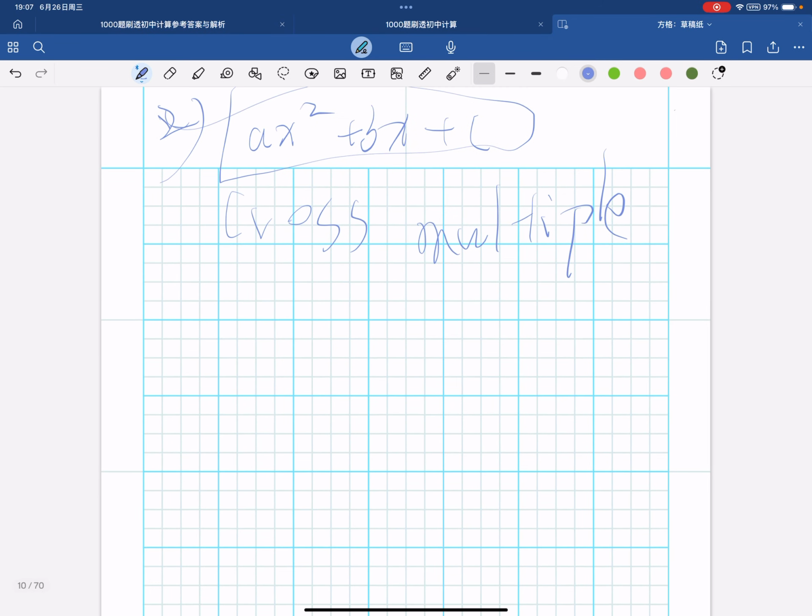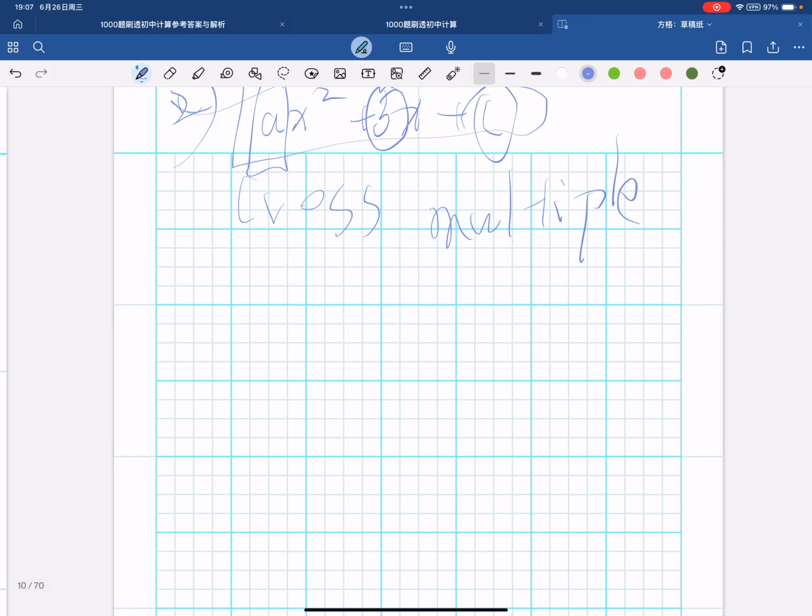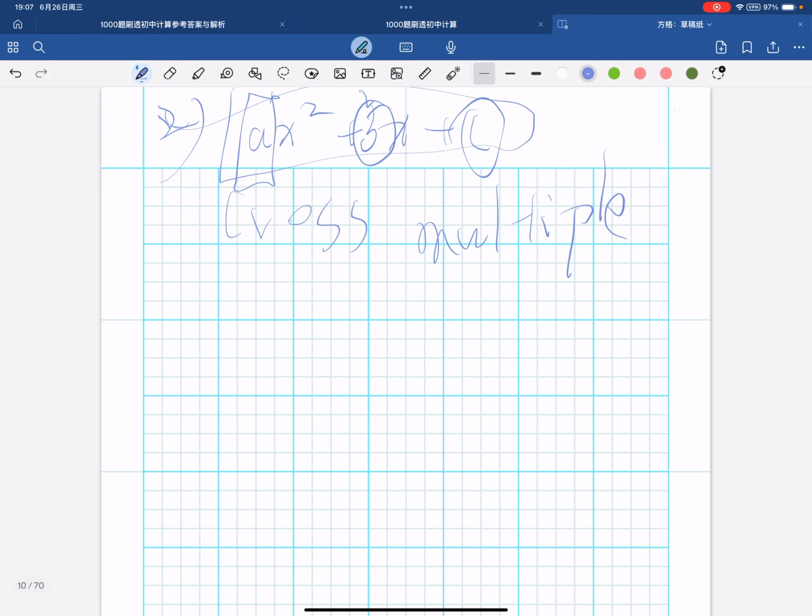To do it, we need to highlight the 3 constant numbers at first. We need to let A equal A1 times A2, and C equal C1 times C2.